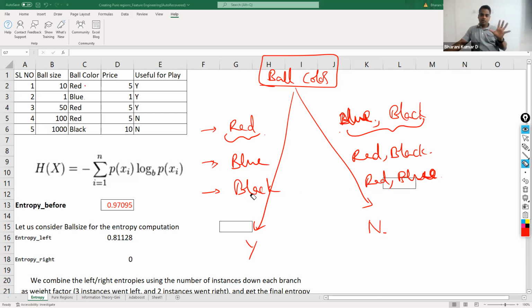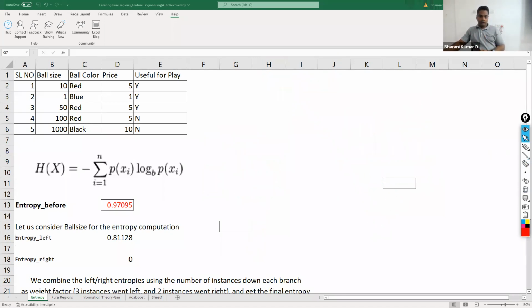Then black means yes, red or blue means no. Calculate the entropy. Whichever gives you the least entropy, least error, take that as a rule and proceed further with your calculation, entropy after calculation. Making sense? Okay.